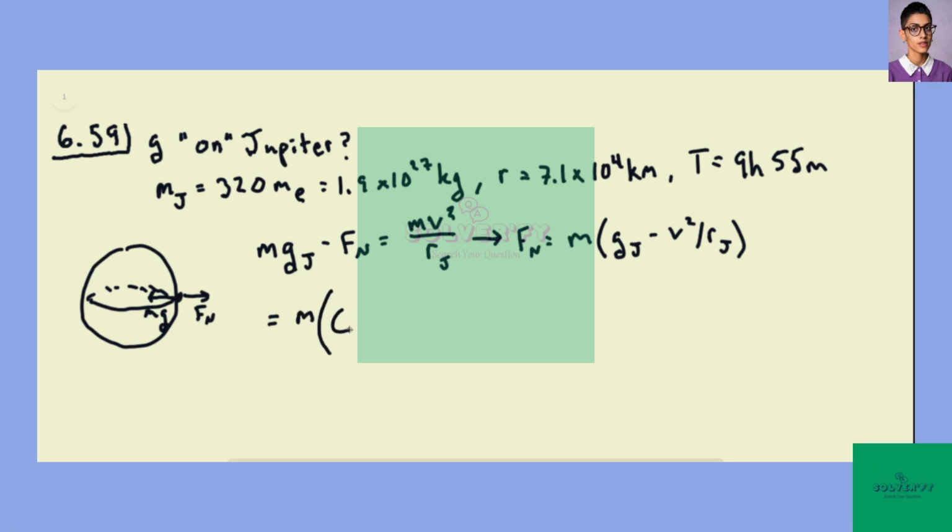So the acceleration will be the gravitational constant times Jupiter's mass divided by its radius squared, minus the speed squared, which is 2 pi r divided by the period, times the radius.